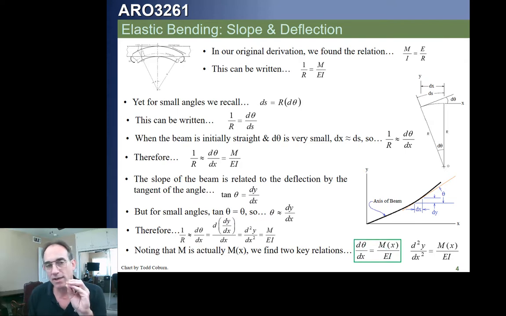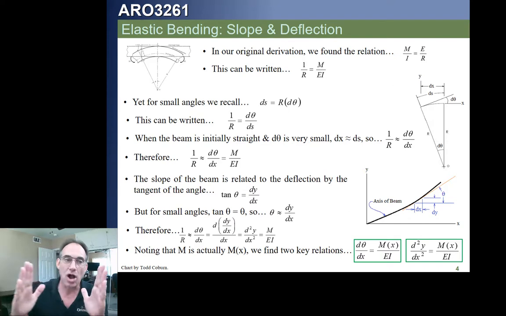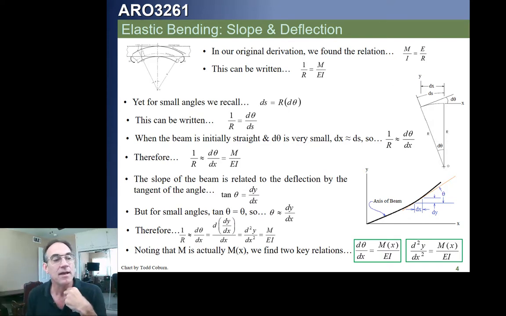When we realize that this moment is not just the moment at a point, it's the function of the moment across the beam in the span that we're looking at, then we get these two relations.